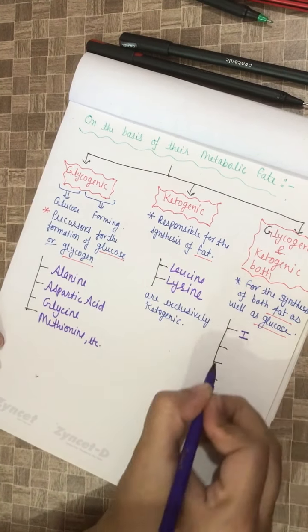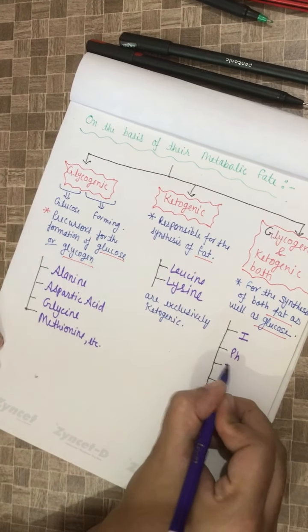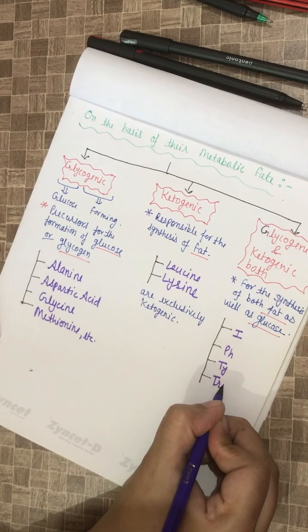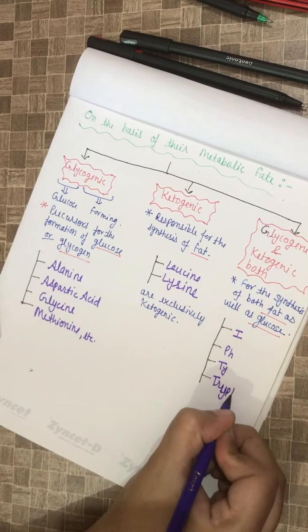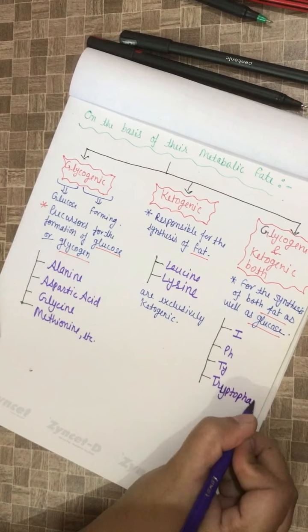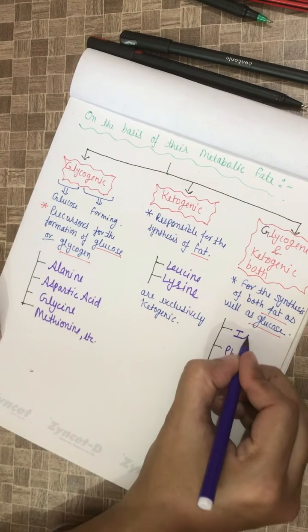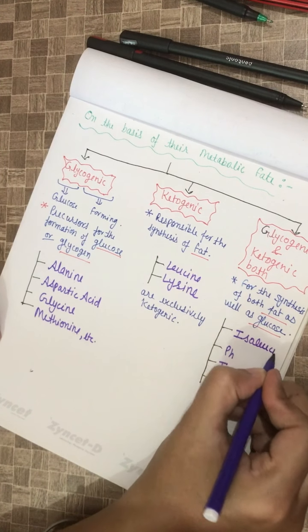While isoleucine, phenylalanine, tyrosine and tryptophan are both glycogenic and ketogenic.